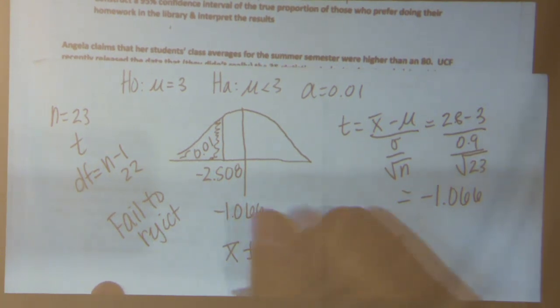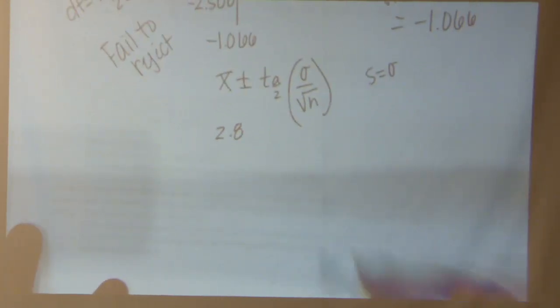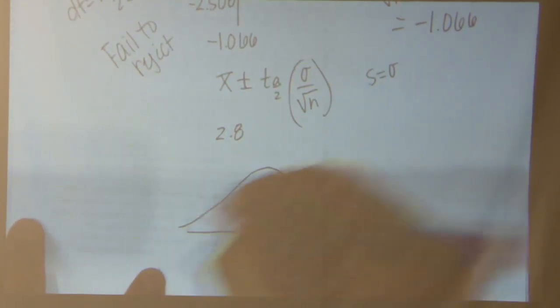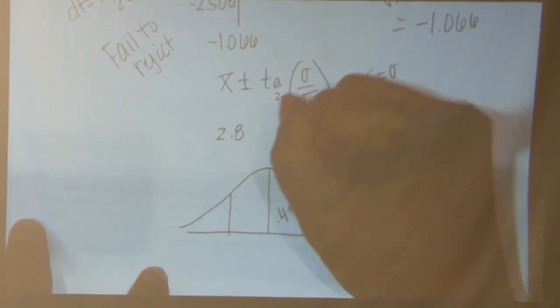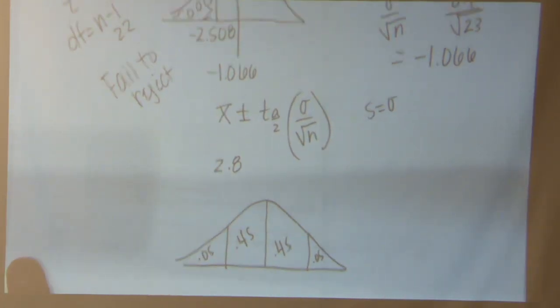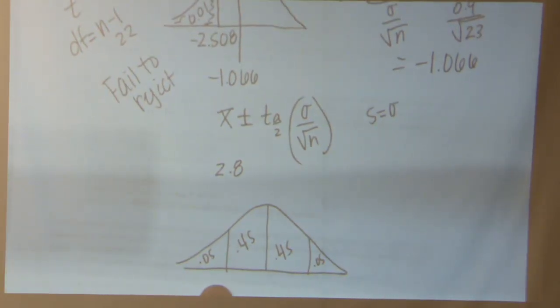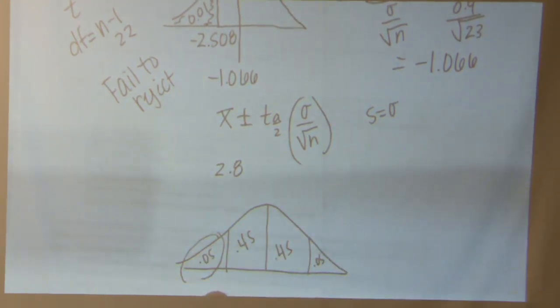So our x bar was 2.8. They want a 90% confidence interval. So that means 90 divided in half is going to be 0.45, and 0.05 on the outsides. So since this is a t-tailed test, we have to look up the 0.05, again with our degrees of freedom of 22.